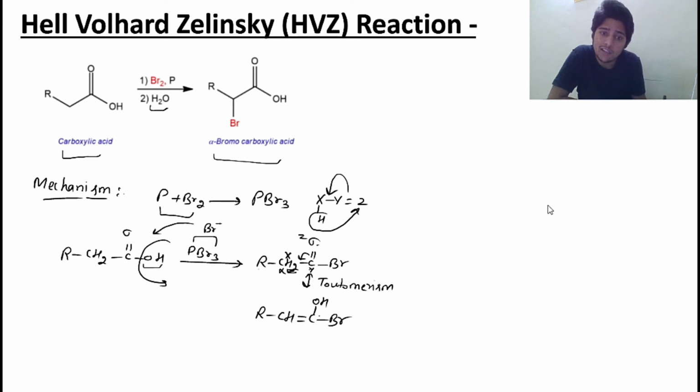This is the enol form; before, we had the keto form. We know that the enol is unstable, but we need to form this enol so that our reaction will proceed.